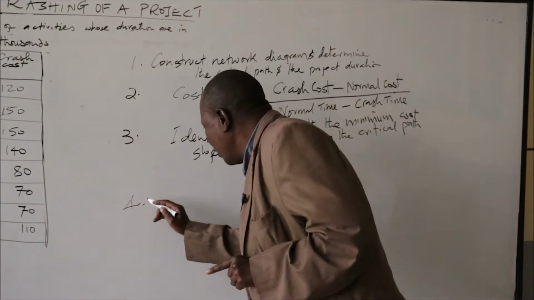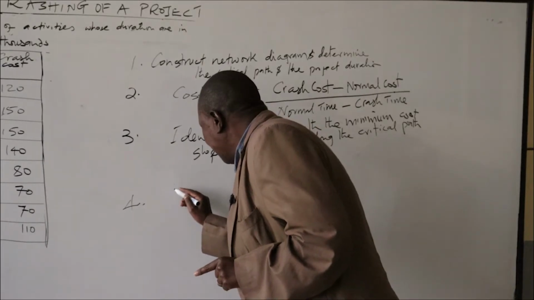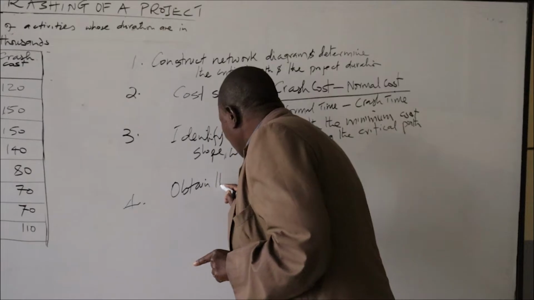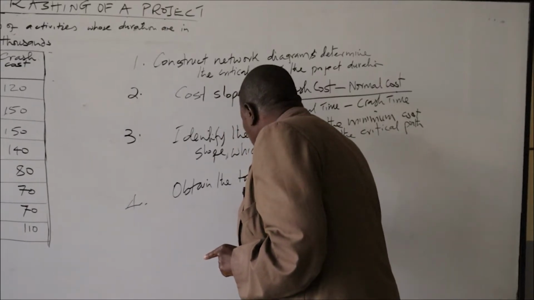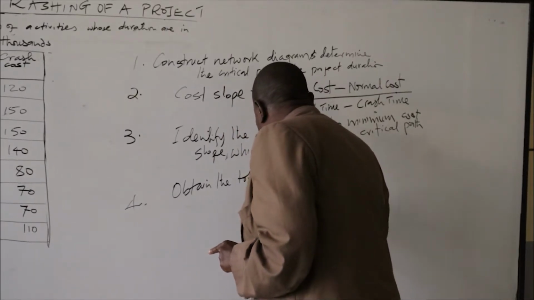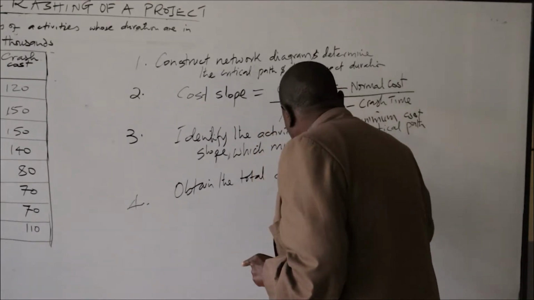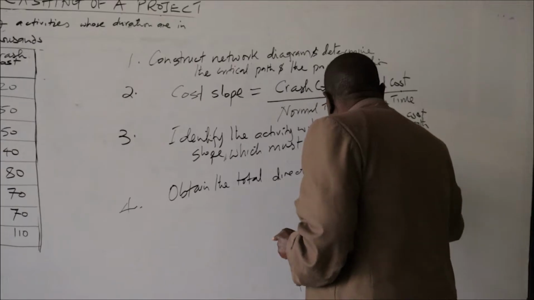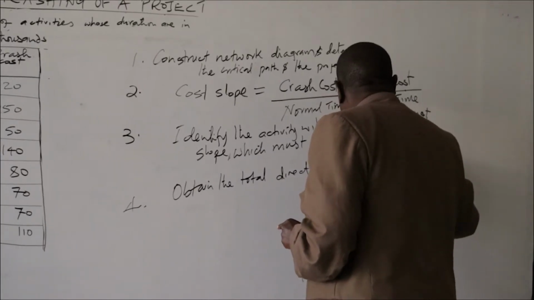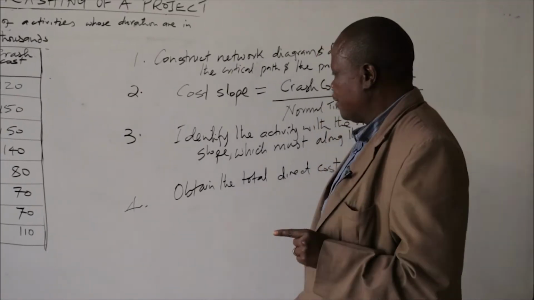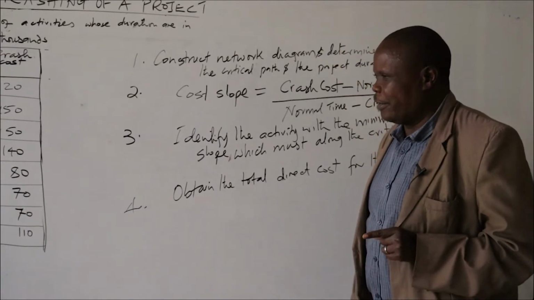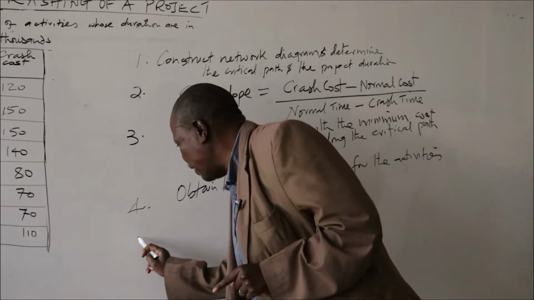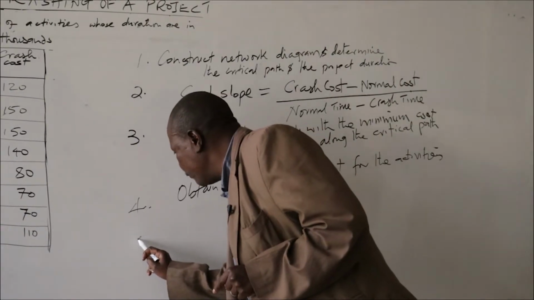So step number 4 is to obtain the total direct cost for the activities.